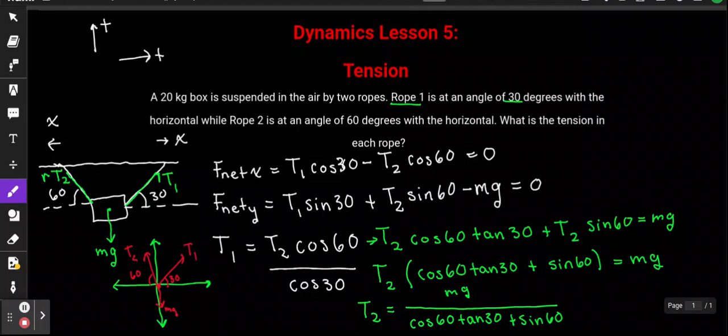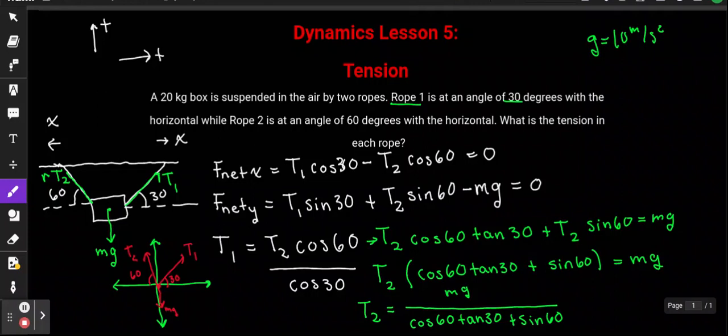I'm going to take g as 10 meters per second squared, which you can also use 9.8, but because 10 is easier, that's what I'm going to use. So we know that mg is 200, and we have to divide it by cosine 60 times tangent 30 plus sine of 60. And remember that your calculator should be in degrees.